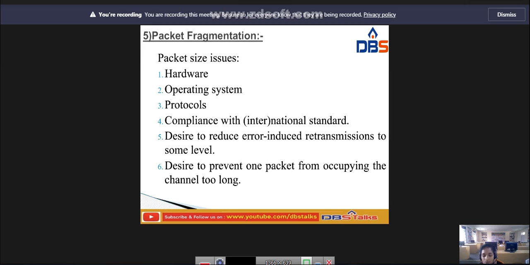So the result of all these factors is that network designers are not free to choose any old maximum packet size they wish. Maximum payloads for some common technologies are 1500 bytes for Ethernet and 2272 bytes for 802.11. IP is more generous, allowing packets as big as 65,515 bytes.